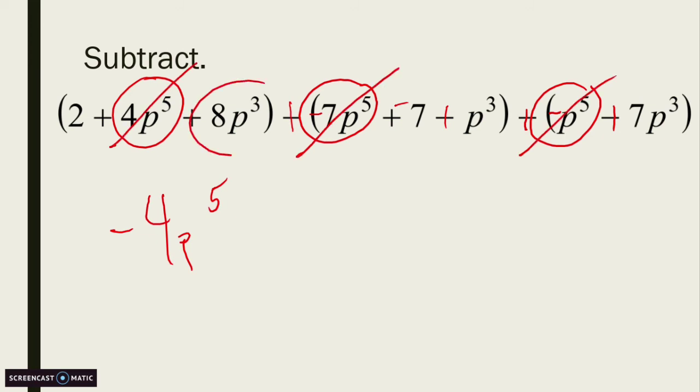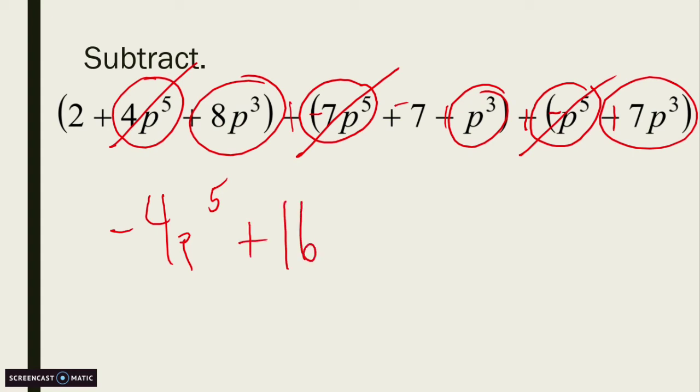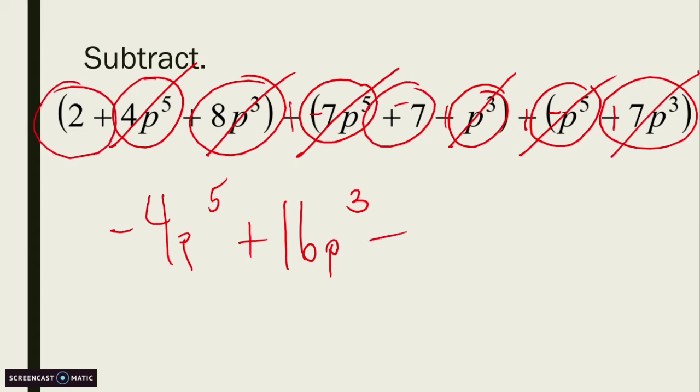Third power's next. 7, 8, 16, p to the 3rd power. The remaining constants add to negative 5.